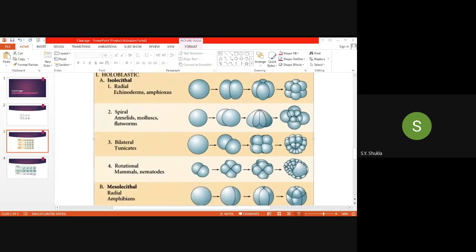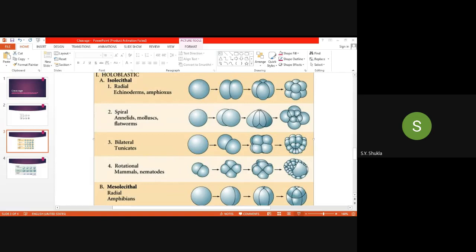The holoblastic cleavages are of four types, depending upon the content of yolk. Isolecithal eggs and mesolecithal eggs. Iso means what? The same. That means in these eggs, more appropriately the fertilized egg, that is the zygote, whatever yolk is there is very little in amount, and it is distributed evenly all over the egg.